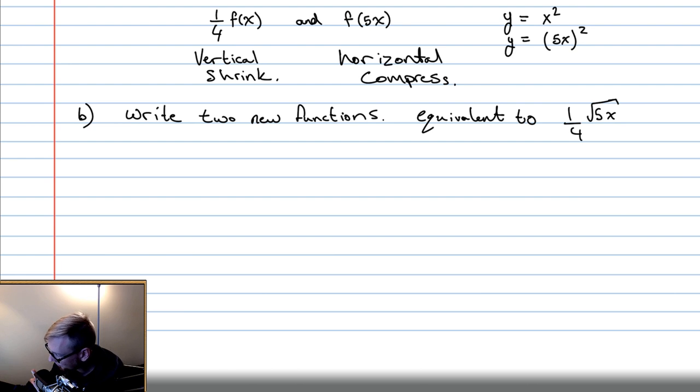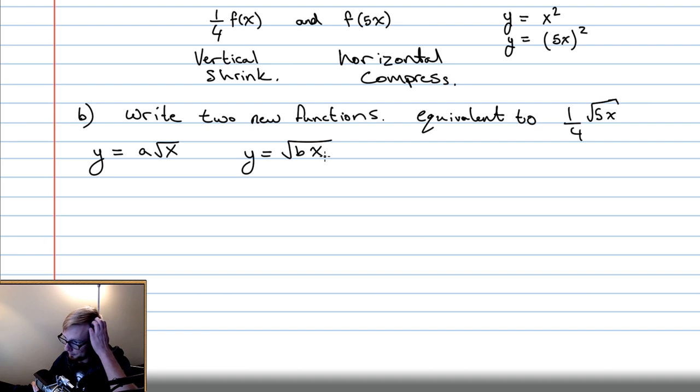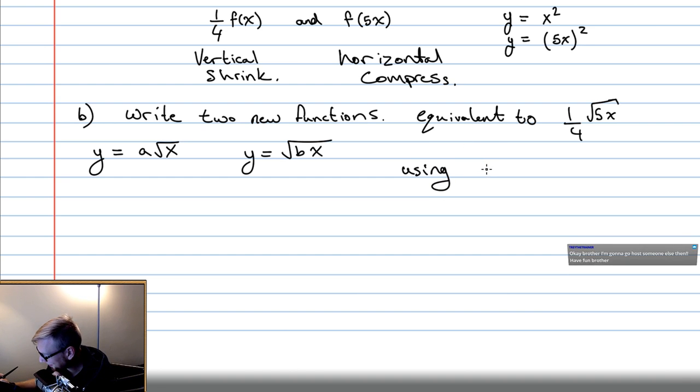Okay, write two functions equivalent to it. One has to be y equals a root x, and the other one has to be y equals the square root of bx. Well, this is just using our radical rules.